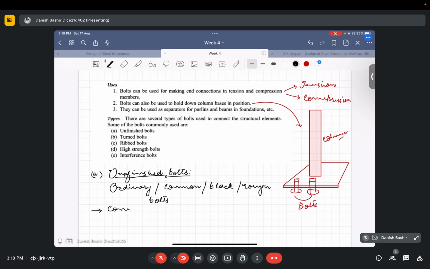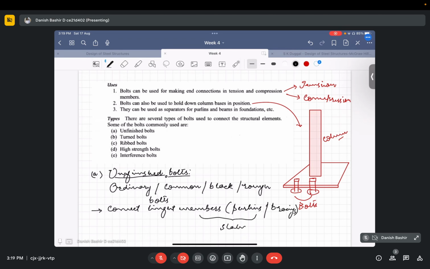They connect light members like purlins and bracings, and this is all under static loads.